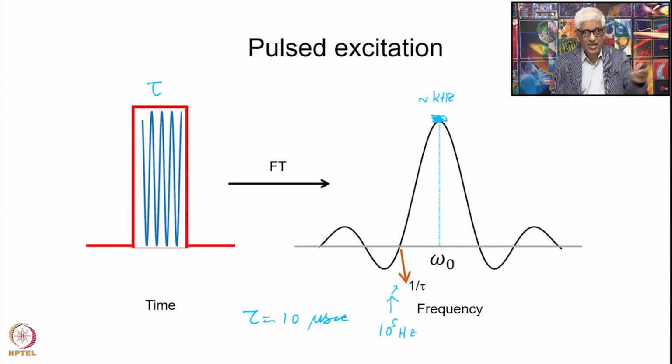To do that, let us go back into the rotating frame. We have the H0 field applied like this, and then we have the H1 which is applied along the transverse plane, along the x axis for example, or the y axis. So, here you have x, y and z.